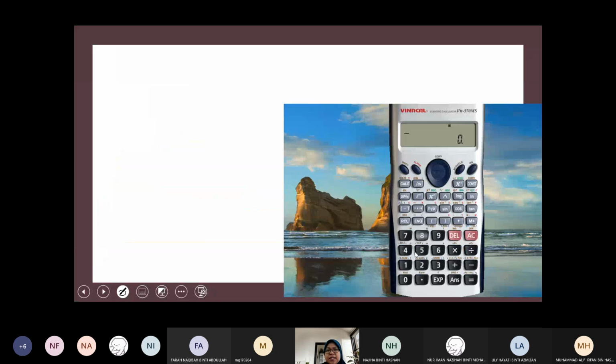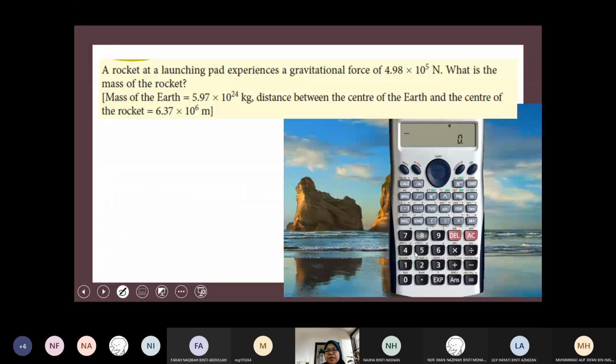Okay, so this is an example of a question. A rocket at the launching pad experiences a gravitational force of 4.98 times 10 to the power of 5 Newton. What is the mass of the rocket? Can you give me the answer? How do we answer this question?